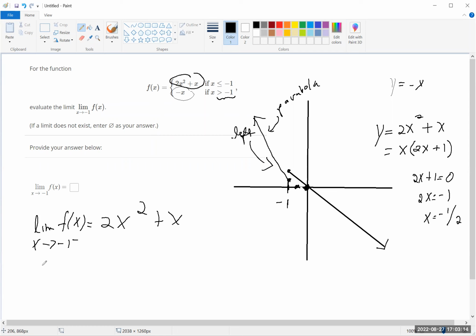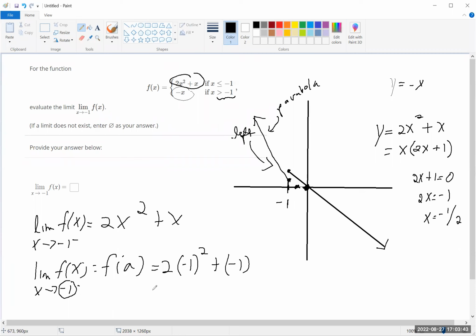So this is basically f of a as x approaches negative 1 from the left, where this is the a, so then 2 times negative 1 squared plus negative 1.